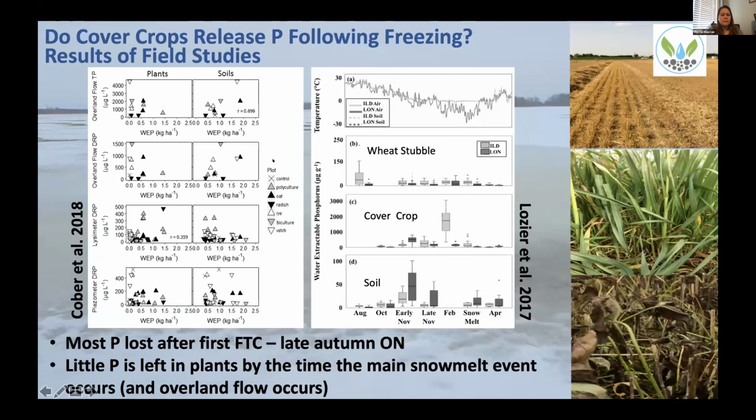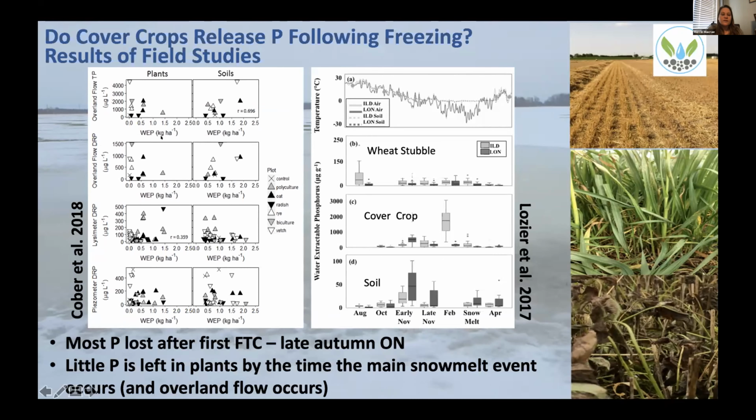What James found is that when he looked at water extractable phosphorus in the plant material and in the underlying soils, and compared this to overland flow, the surface runoff, in terms of total phosphorus and dissolved reactive phosphorus, but also in the shallow subsurface flow and shallow groundwater below the surface: in the subsurface, it really didn't relate to anything.